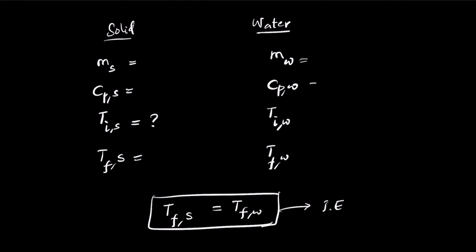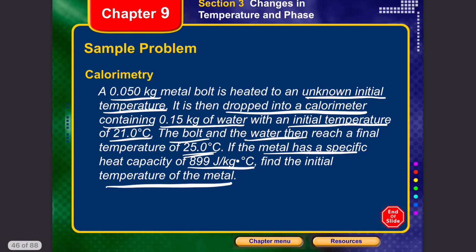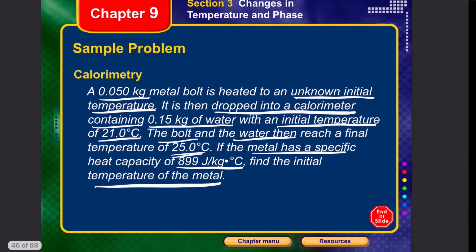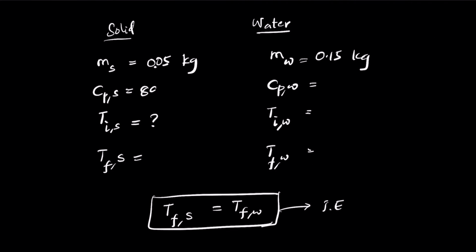So let's write down the data. The bolt is heated to an unknown initial temperature. Then it is dropped into a calorimeter containing 0.15 kilograms of water. The bolt has 0.05 kilograms of mass, and the Cps is given as 899 joule per kg degree centigrade.